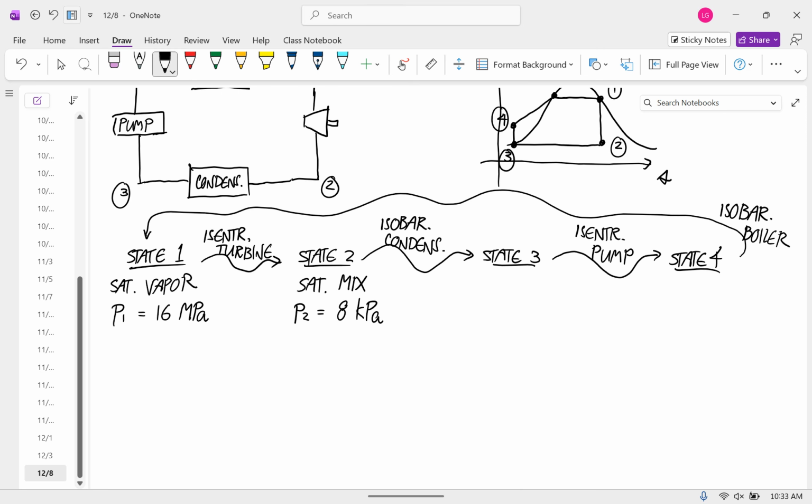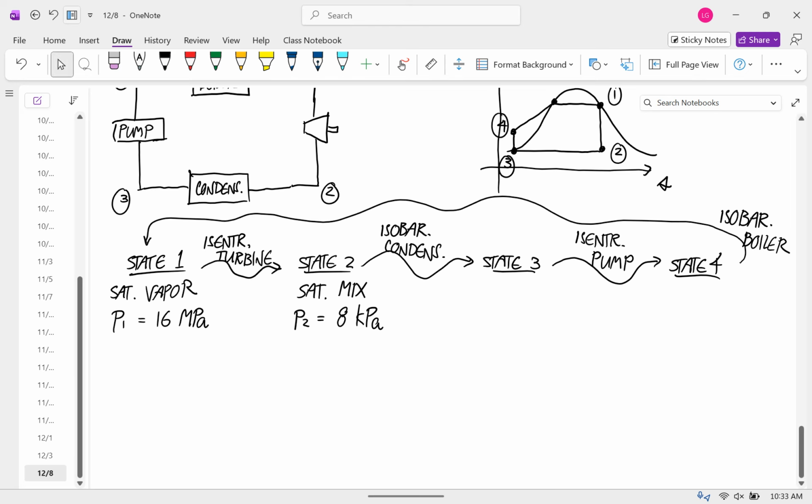Notice that the way the turbine works is this drastic pressure reduction. You start with this high pressure that you need to drive the turbine. That pressure goes down by the end. State 3, what's the phase of state 3? Saturated liquid. Yep, perfect. Saturated liquid.